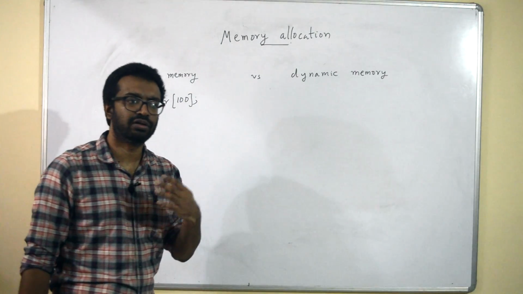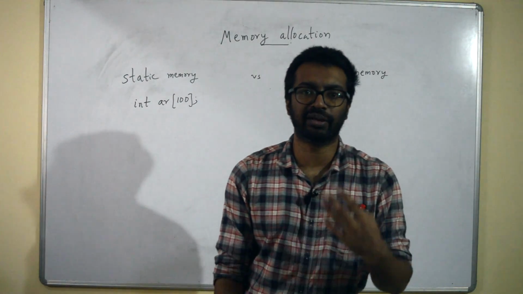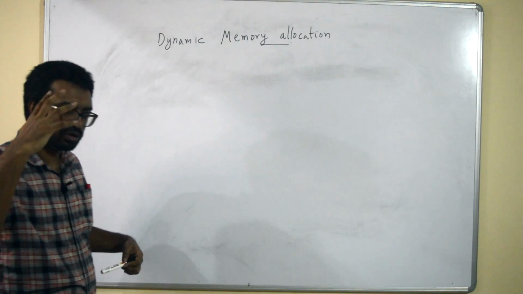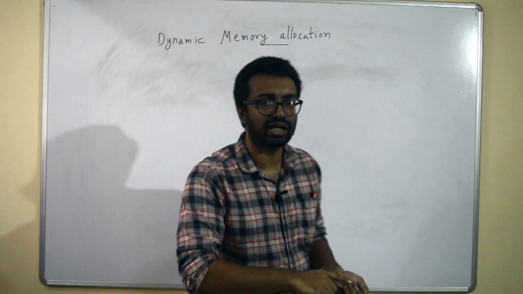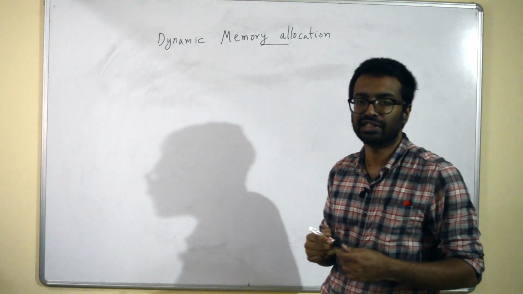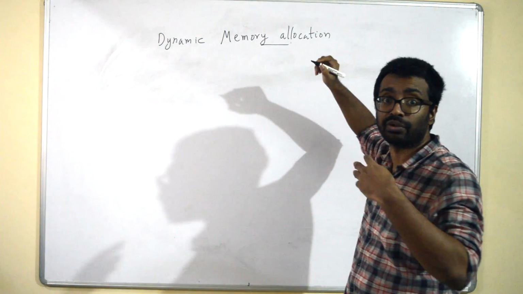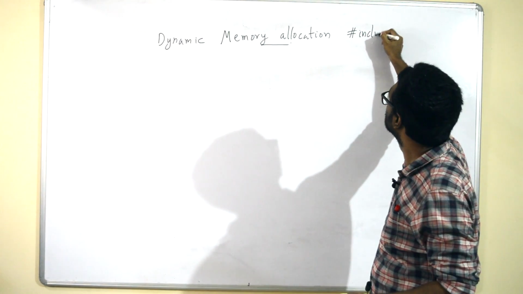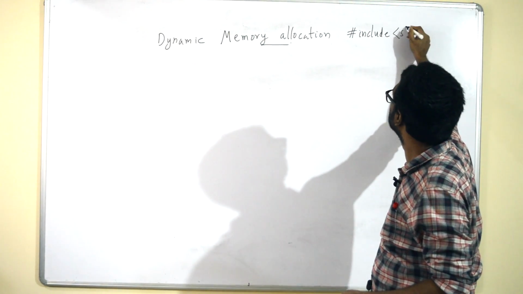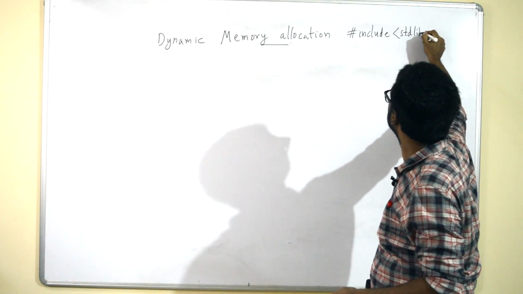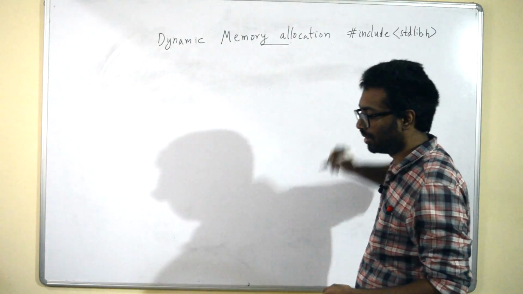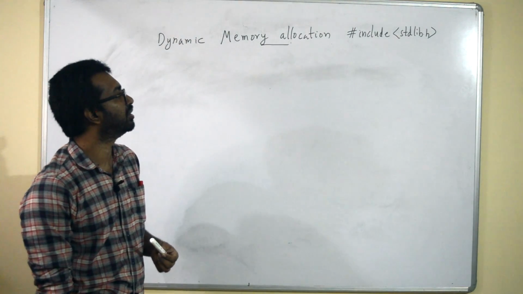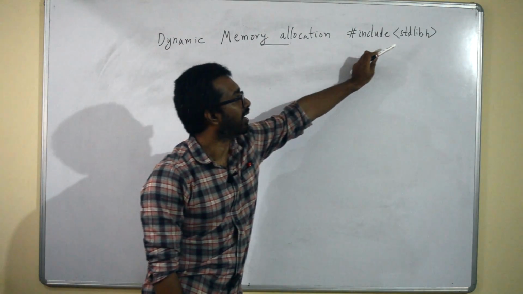There are basically 4 functions which are required for dynamic memory. So let's talk about the first function. First of all, these 4 functions are in the file called stdlib.h, standard library. So you need to #include this file.